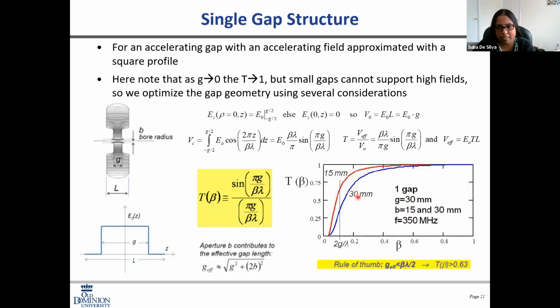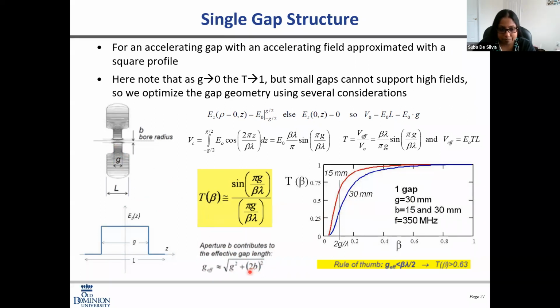So you can see as the aperture changes, the transit time factor variation changes. So the actual effective gap is not completely dependent on the gap width, but also has an effect of the aperture radius or the diameter.